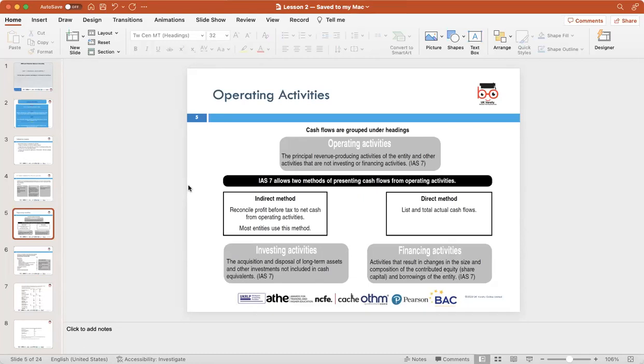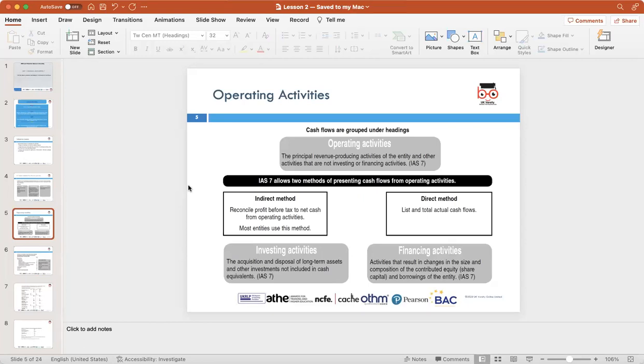Investing activities involve buying or selling assets like equipment, property, or investments. If you decide to invest some of your company's profit in a new business, that's cash flow from investing activities.